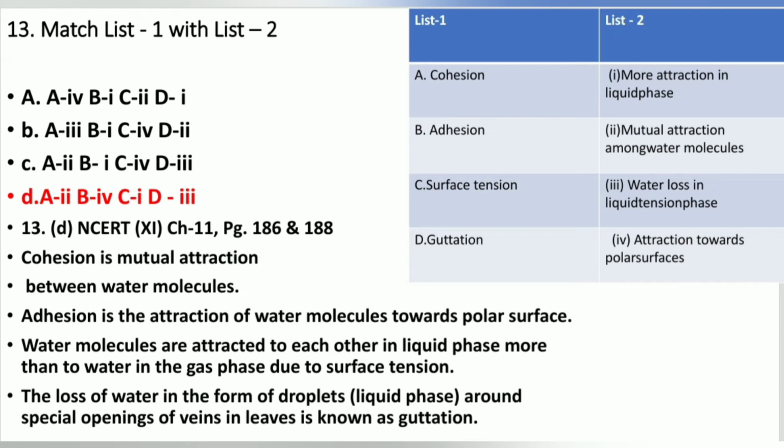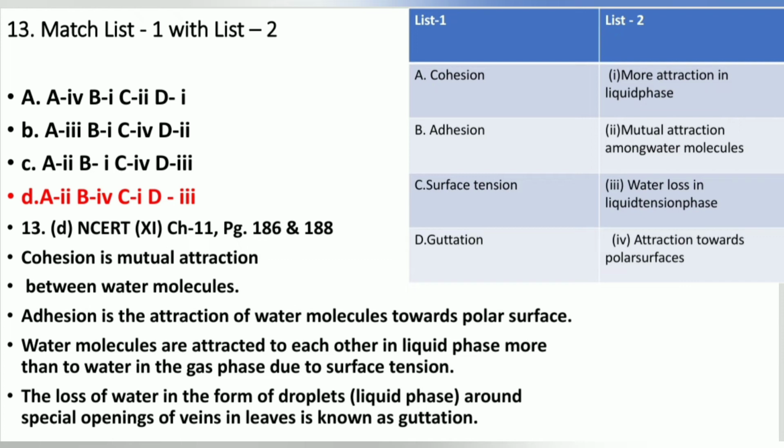13. Match list 1 and list 2. First, cohesion. Cohesion is a force which is present amongst the water molecules. B. Adhesion is the force which is present between the water molecules and the surface. So here 4 number, attraction towards polar surface. C. Surface tension.